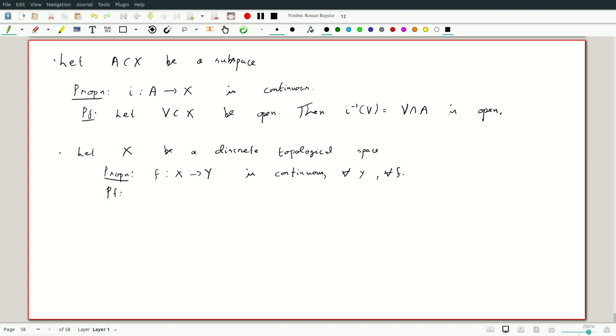This is because of the inverse image. Let V in Y be open. Then f inverse of V contained in X is open, as every subset is open in a discrete topology.